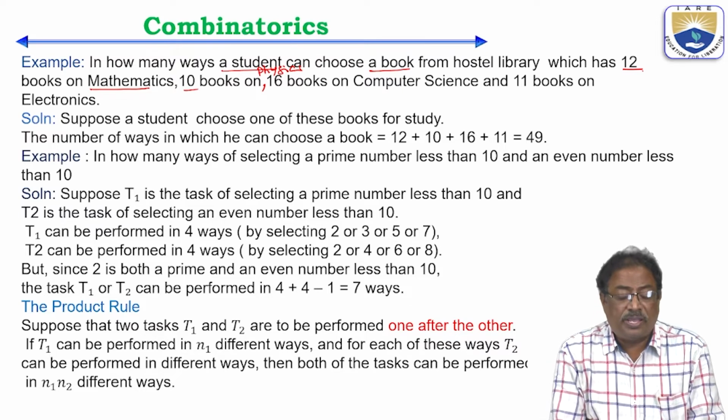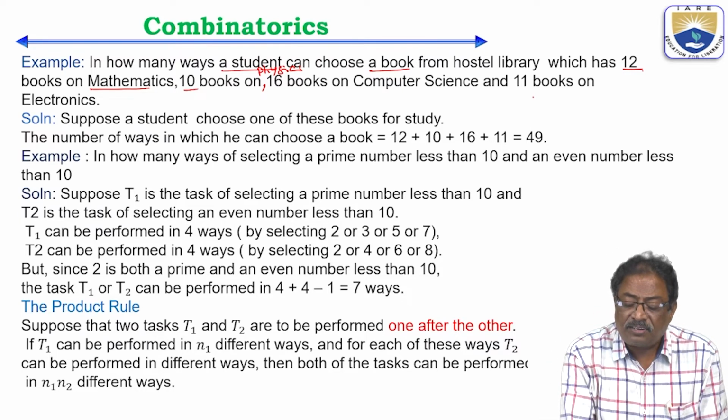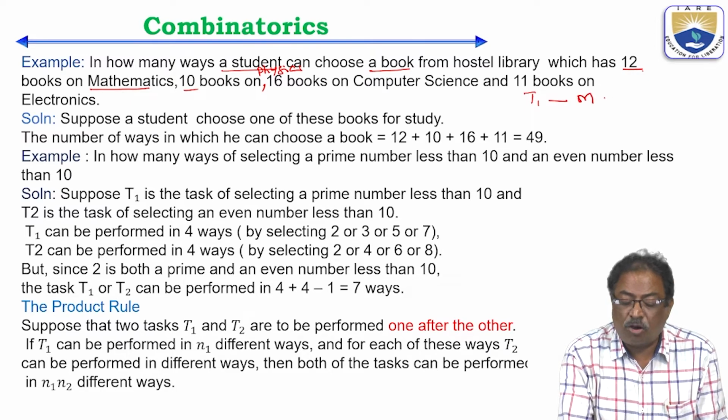So here, how many tasks are there? Task 1 is selecting a mathematics book, in 12 ways.